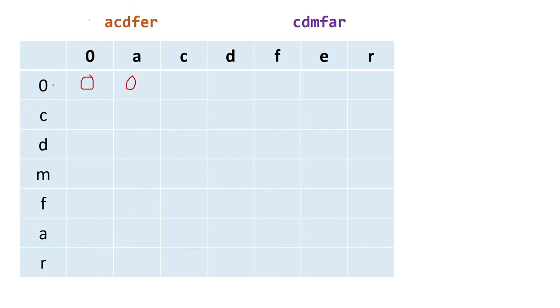Then how much is matching? Nothing, 0. Similarly all of these, up to DFER, will be 0. Similarly here, if one string is empty and the other is C, how much is matching? 0. If one string is CD and the other is nothing, how much is matching? 0. Similarly all of these will be 0. So I have filled all the zeros now.